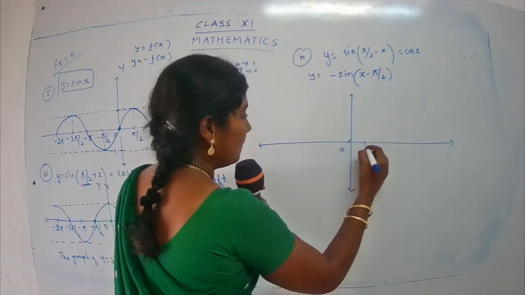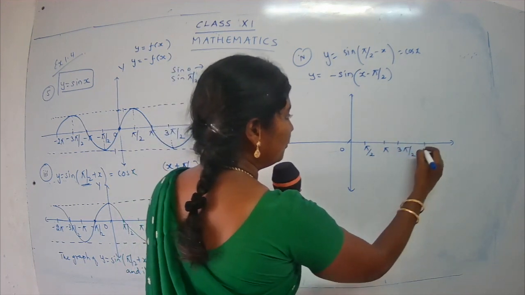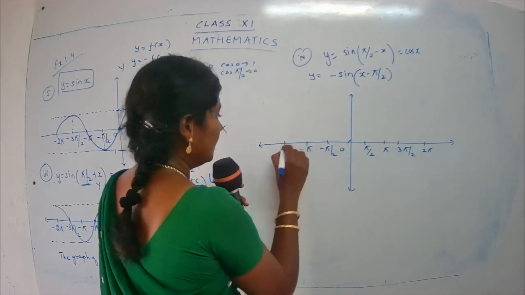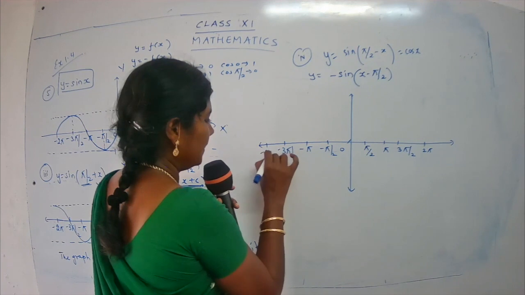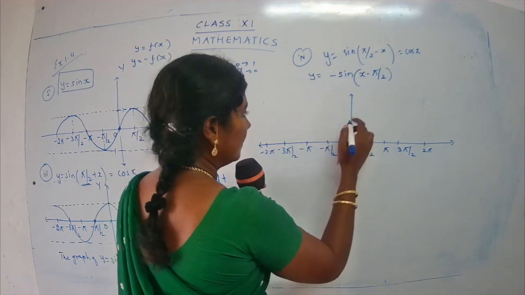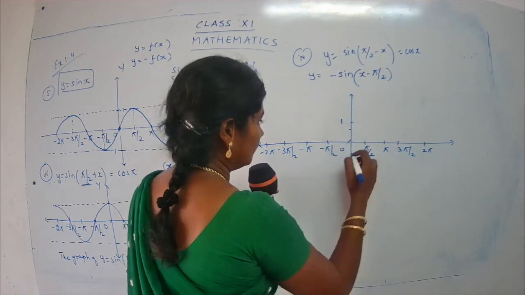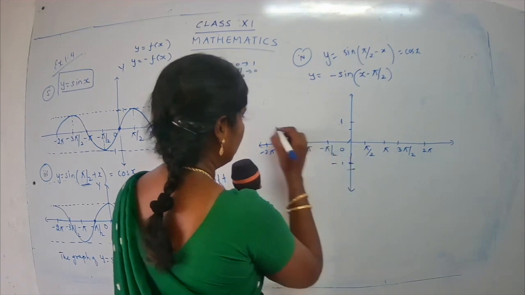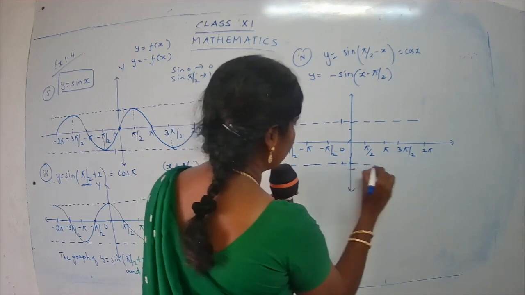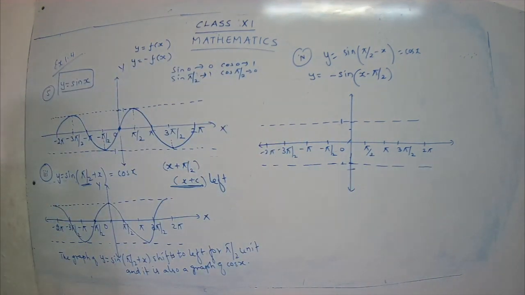So just plot it. 0, pi by 2, pi, 3 pi by 2, 2 pi, minus pi by 2, minus pi, minus 3 pi by 2, minus 2 pi, minus 1, 1. I'll just do it a little bigger. 1, minus 1. Okay. So just do it like this. Okay. Now x minus pi by 2.